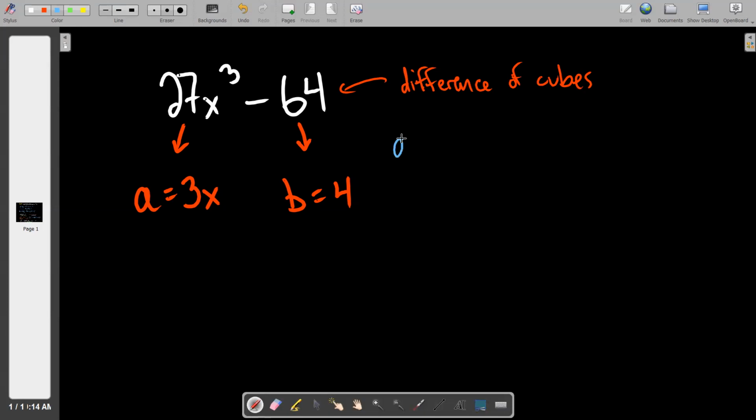If you have a cubed minus b cubed, it factors predictably into short set, long set. Your first set is a minus b, and your second set is a squared plus ab plus b squared.